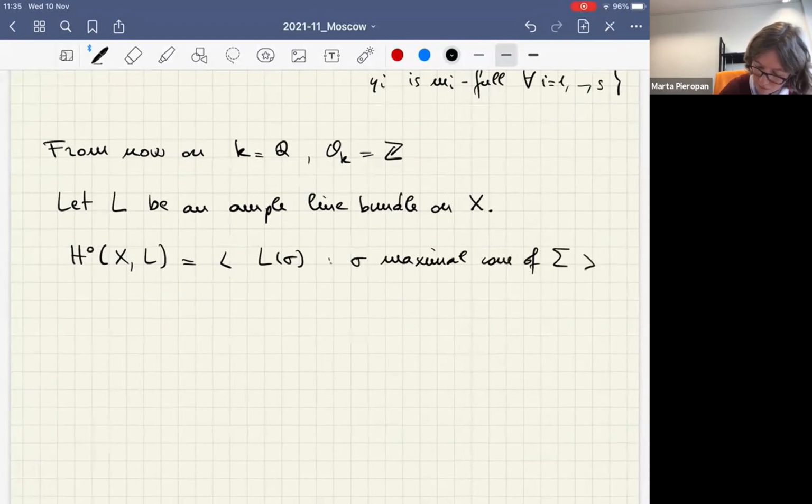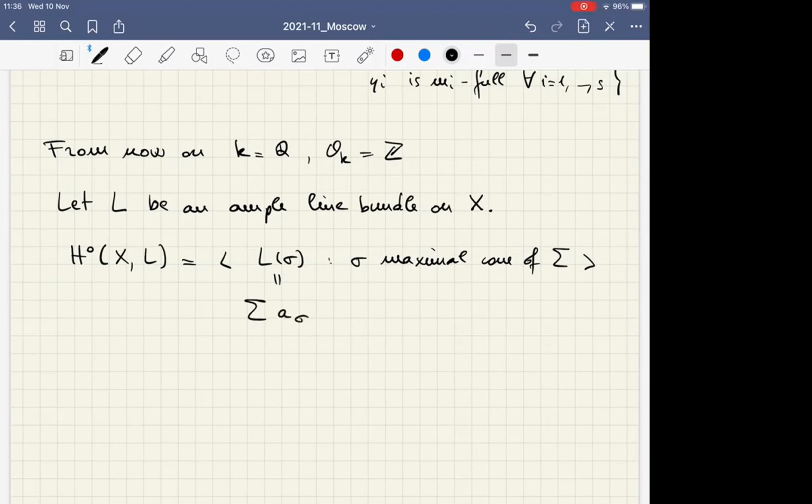And this gives us a nice set of generators for the global sections of my line bundle. These representatives can be written uniquely in terms of the torus invariant divisors.